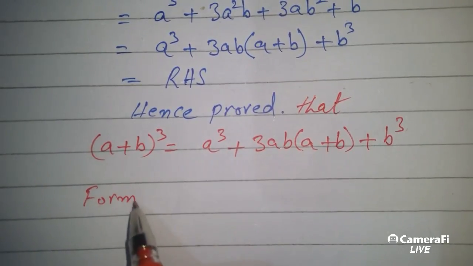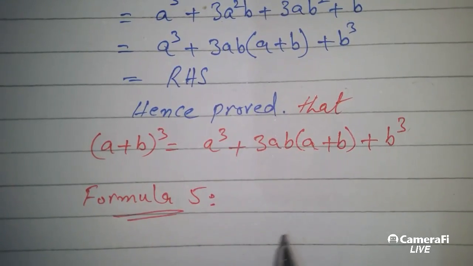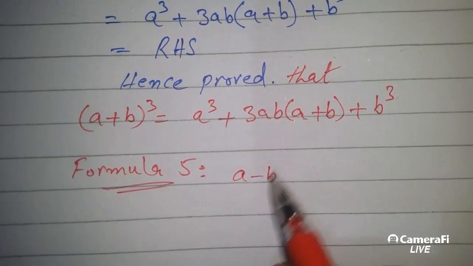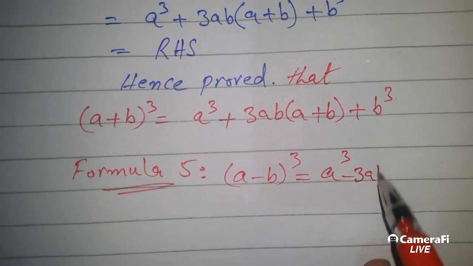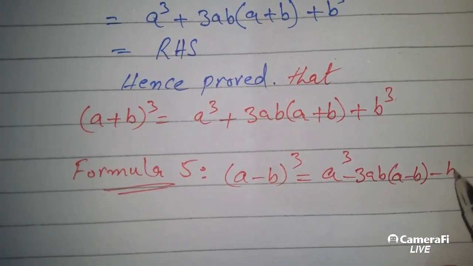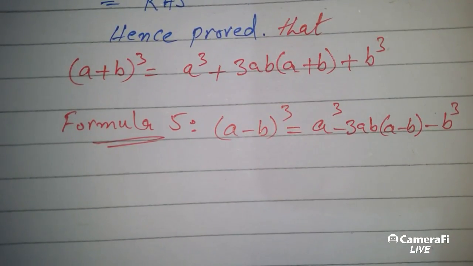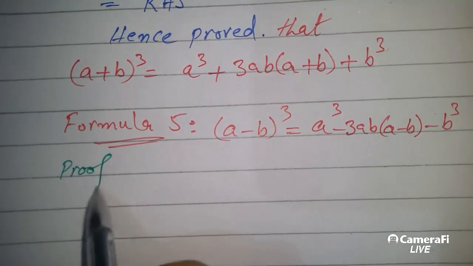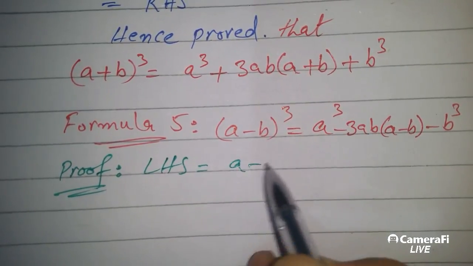Now we move to next formula, that is formula number 5. Pretty much the same technique. Left hand side, (a minus b) whole square into (a minus b).